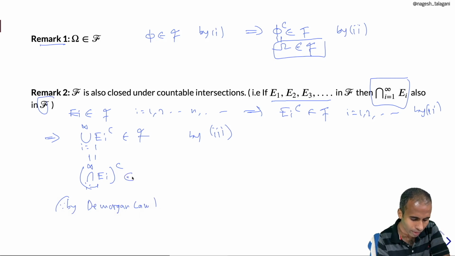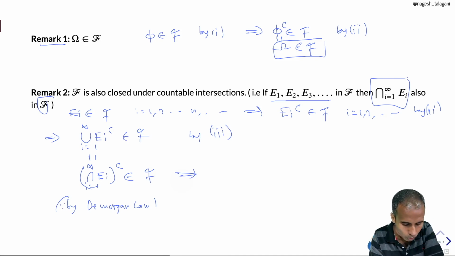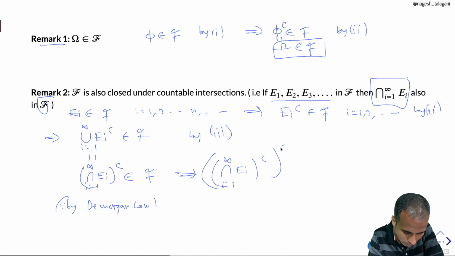Now, this is a candidate from script F. Again, if something is from a sigma field, its complement also must be from the sigma field by condition 2. That's why the complement of this also must be from script F by condition 2 again.